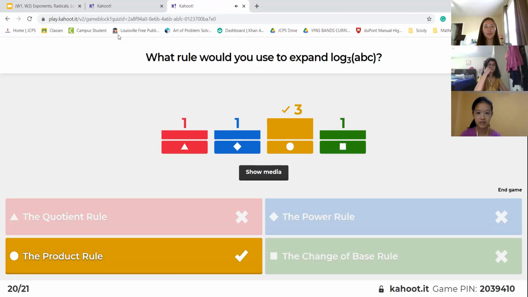You had a 50-50 chance of guessing this because we only got to go over the quotient rule and the product rule today. But basically when you have 3 multiplied things, you can split them up into their own logarithms and add them. So that was called the product rule.